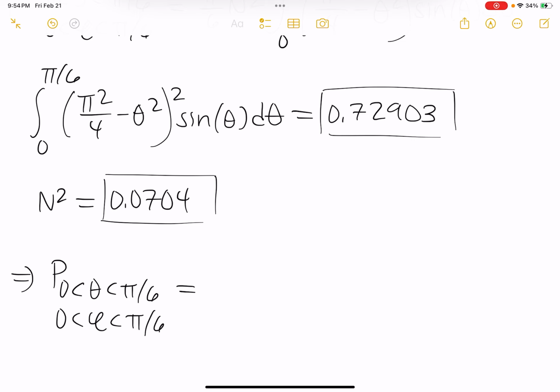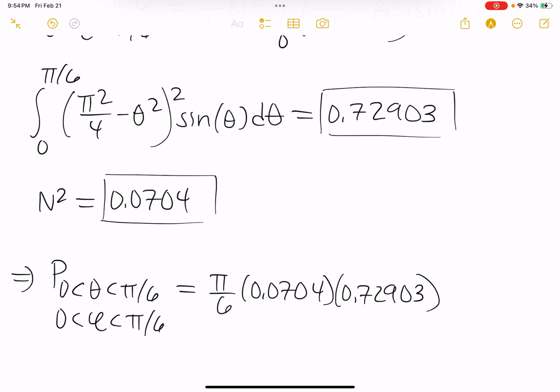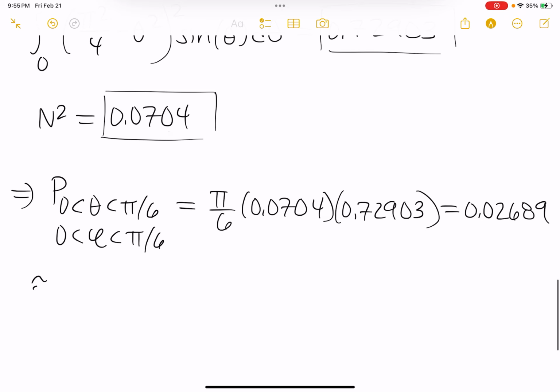So pi over 6 times 0.0704 times 0.72903, and you get a result of 0.02689, which is approximately 0.0269.